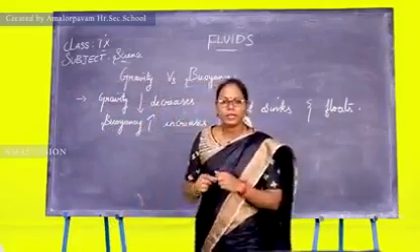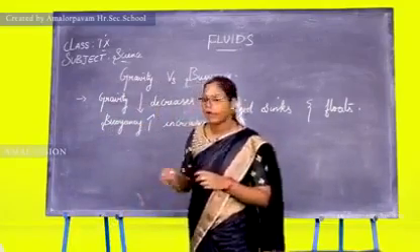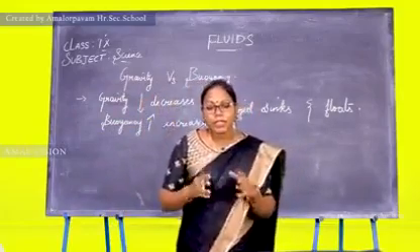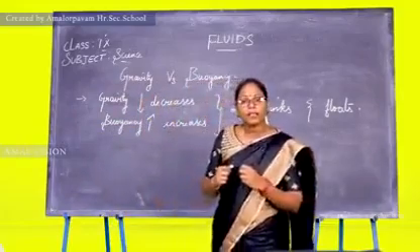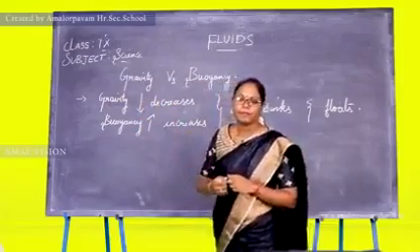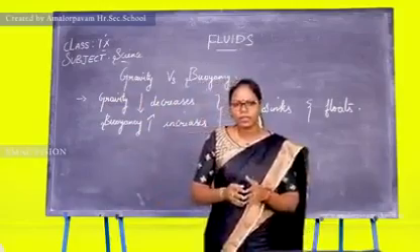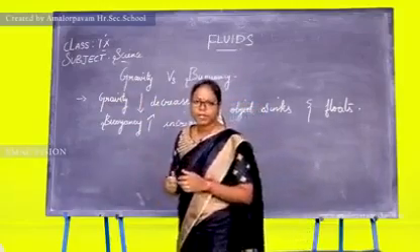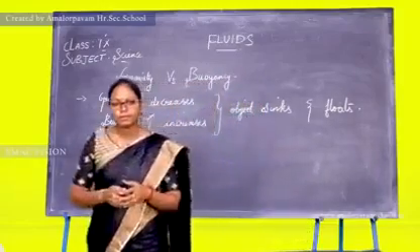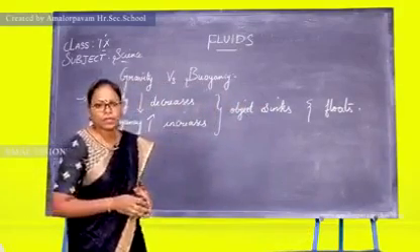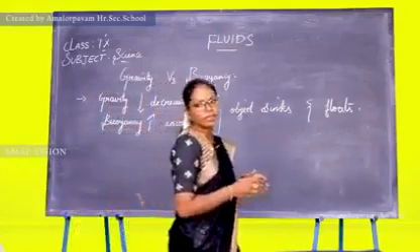Think of gravity and buoyancy as two opposing forces. Gravity pulls down, buoyancy pushes up. If the weight, that is gravity, is greater than the displaced water, which is your buoyancy, the object will sink.